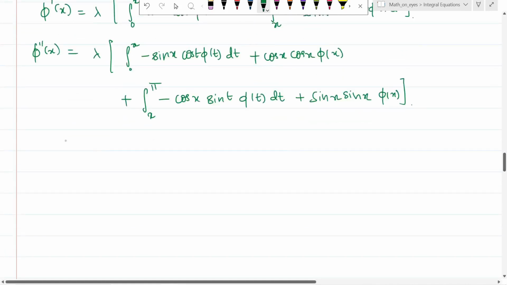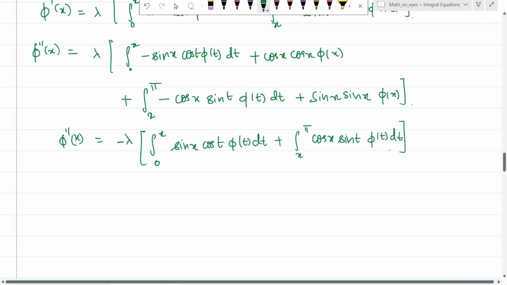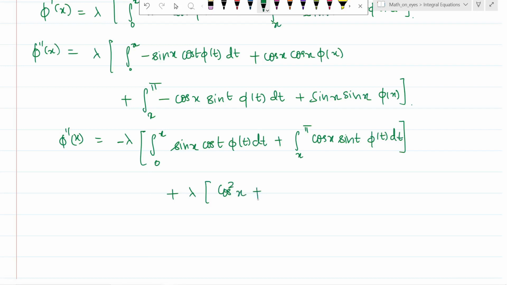And finally, phi double dash of x is equal to lambda times minus lambda times integral 0 to x sin x cos t phi of t dt plus integral x to pi cos x sin t phi of t dt, and then plus lambda times cos squared x plus sin squared x into phi of x.